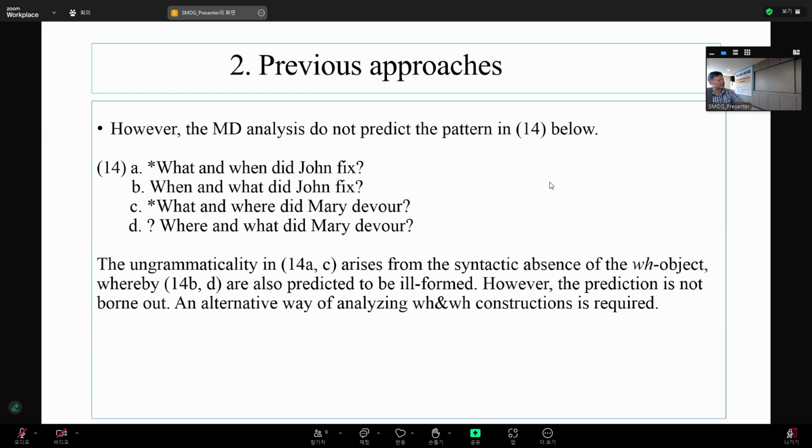The ungrammaticality of 14A and C arises from the syntactic absence of the Wh object, whereby 14B and D are also predicted to be ill formed. However, the prediction is not borne out. So an alternative way of analyzing these constructions is required.